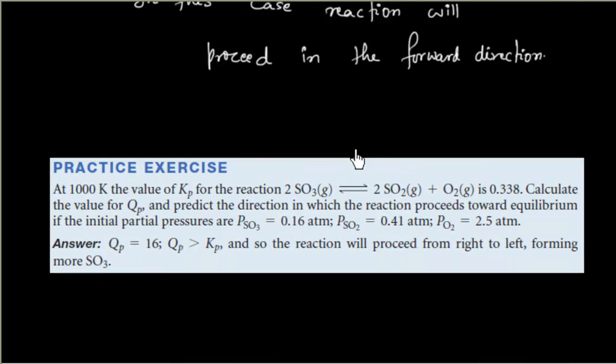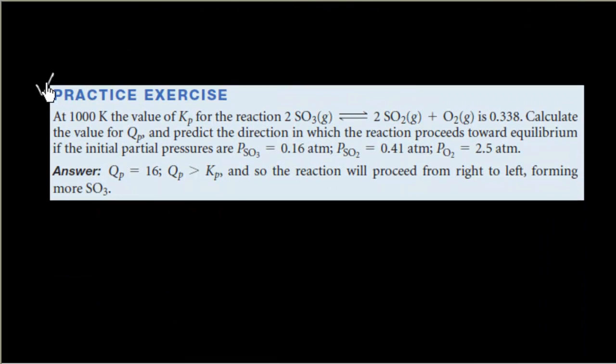Now let us do this practice exercise. The idea is the same. Initially you have been given partial pressures, so this time you can calculate Qp, and the Kp value is also given. So let us try this problem.